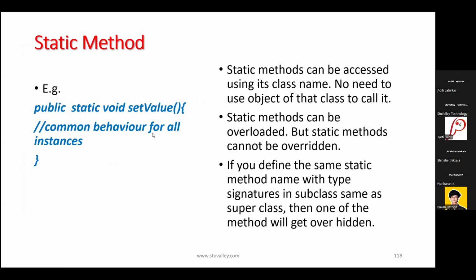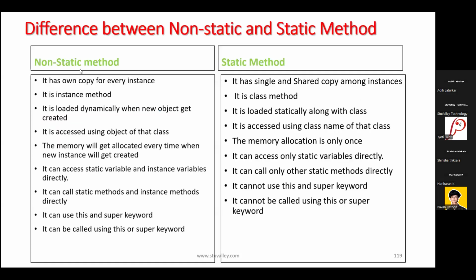We have already seen that common behavior for all instances should be written inside a static method. Clear? First we will see the difference between non-static and static methods, because from a static context you cannot access the non-static context. That is why the difference will be there.